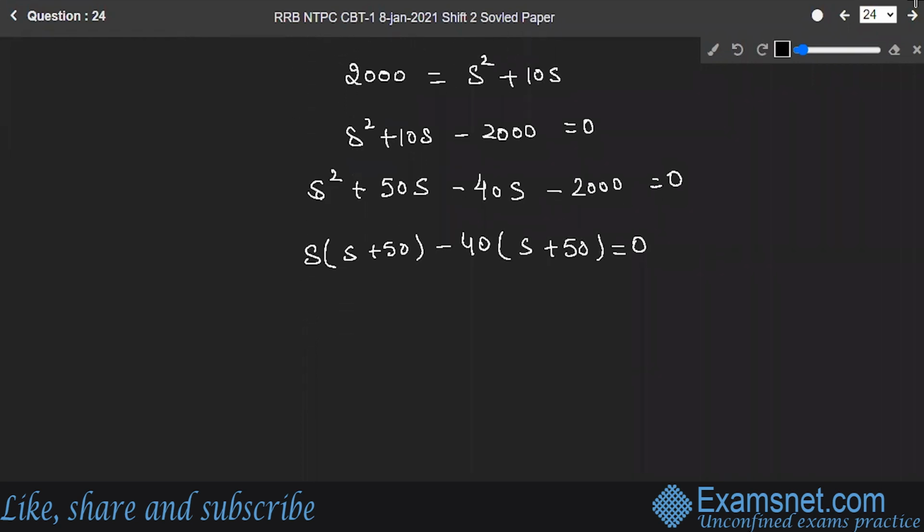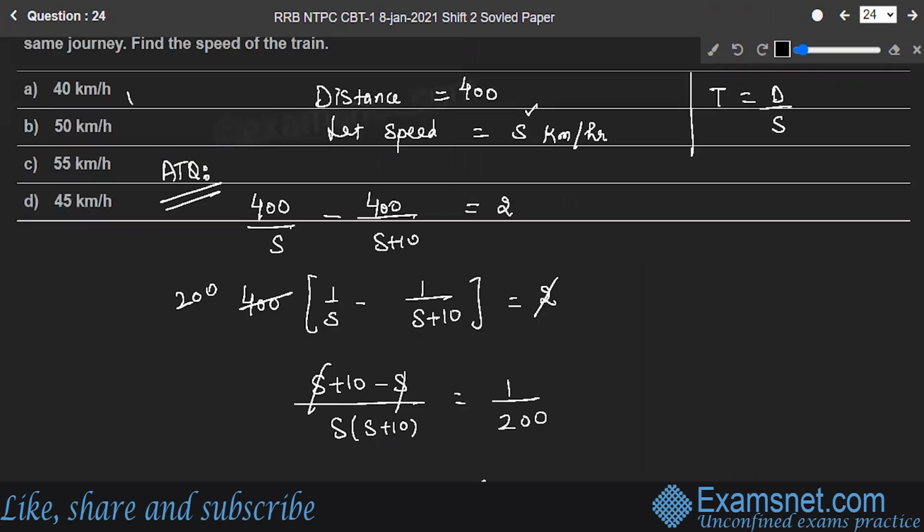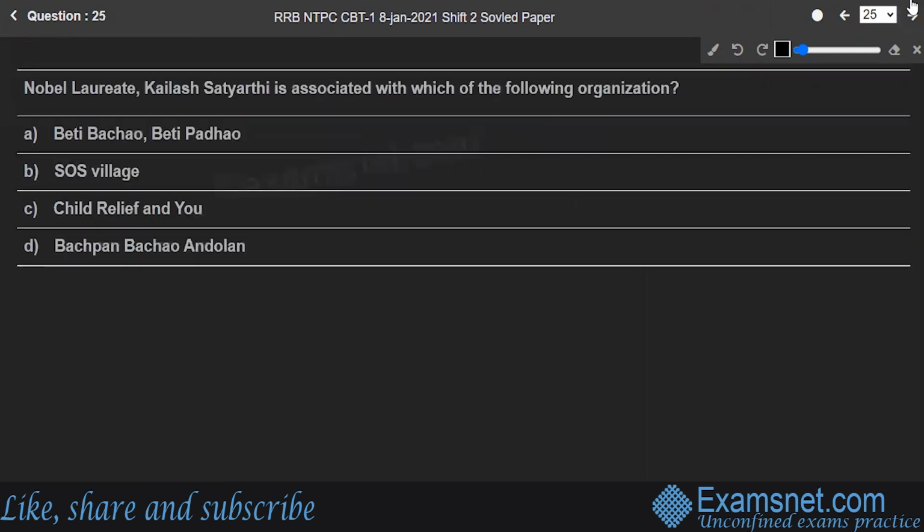From here, I will have S is equal to 40 or minus 50. Minus value for the speed is not applicable. Of course, the speed is going to be positive. So that means the speed of the train is equal to 40 kilometers per hour. Option A is the correct answer to the question. Hope you understood this. Let's move to the next question, number 25.